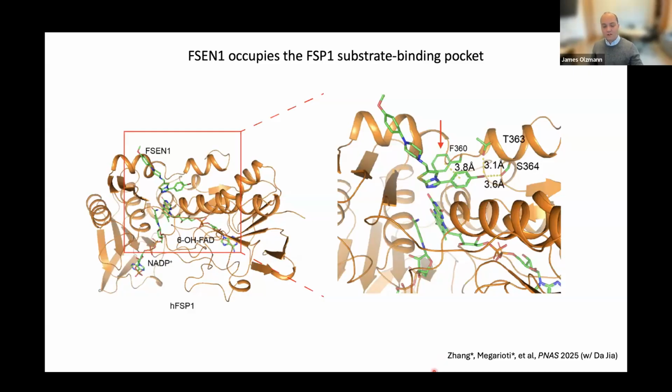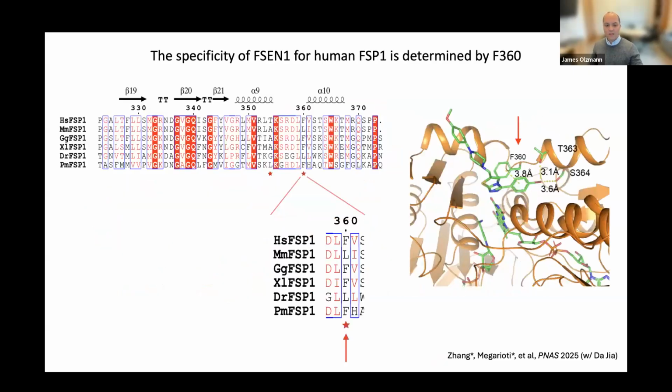Importantly, this structure also solved the question of why this is specific to human FSP1. Human and mouse FSP1 are highly similar, so I was initially surprised that this inhibitor did not inhibit mouse FSP1. But when we go back to the sequence of FSP1, we see that this phenylalanine 360 in human is actually a leucine in mouse FSP1.